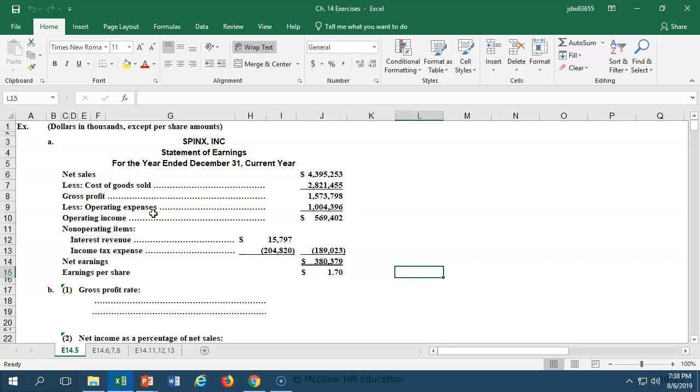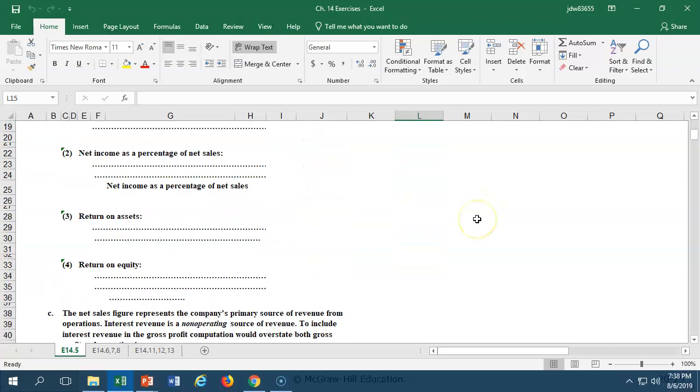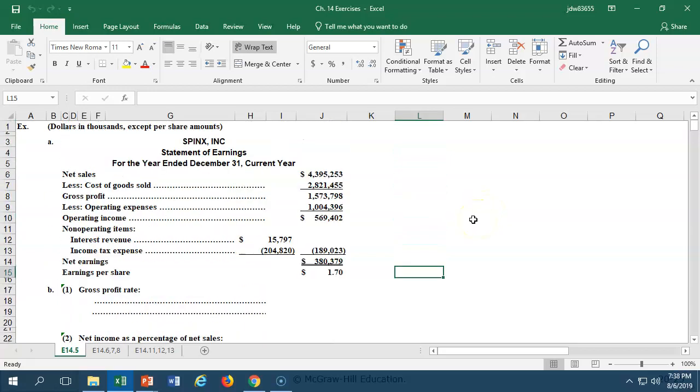For A, it said prepare an income statement for the year in a multiple step format. I actually just provided the answer right here, because I think the main things I want you to see are in B and C on this exercise. Using this net income, how it's formatted on this spreadsheet.